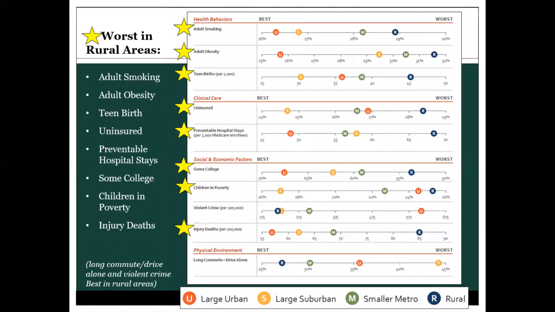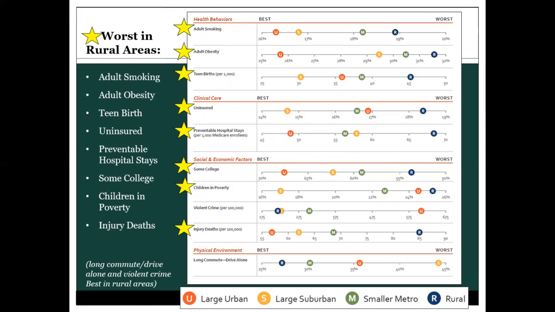This is a busy slide, but the main points are that this is another finding from the county health rankings. In rural areas, which are indicated by this blue R, consistently worse are adult smoking, adult obesity, teen birth, uninsured rates, preventable hospital stays, and having had some college education.